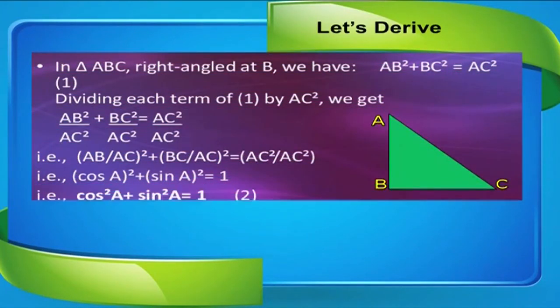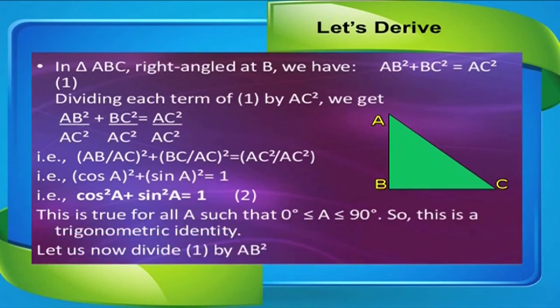As you can see in triangle ABC, right angled at B, using Pythagoras theorem, we have AB square plus BC square is equal to AC square. We take it as equation 1. Now when we divide each term of 1 by AC square, we get AB square upon AC square plus BC square upon AC square is equal to AC square upon AC square.